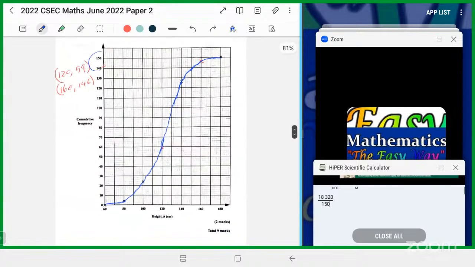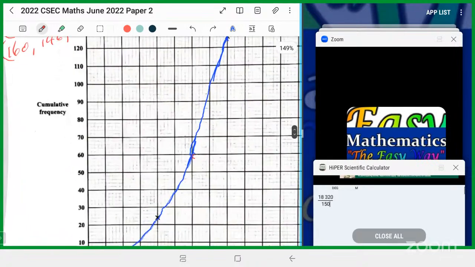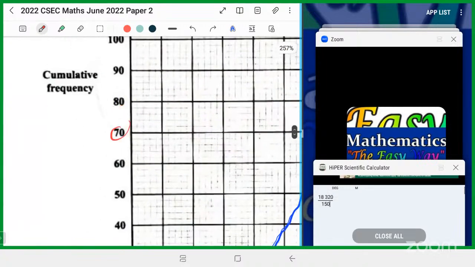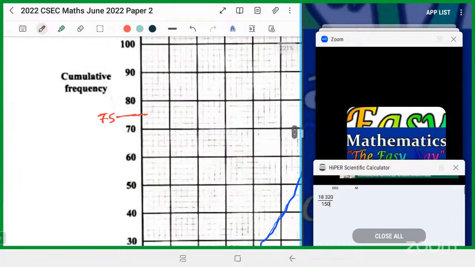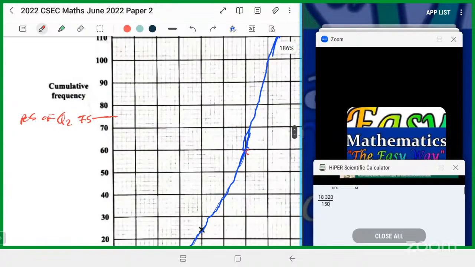If there are 150 students, the position of the student with the median height is half of 150, which is 75. So the 75th student. This is 70, this is 80. The 75th will be right here. That now is the position of Q2, which is the second quarter, and is also the median. That's the position of the students.